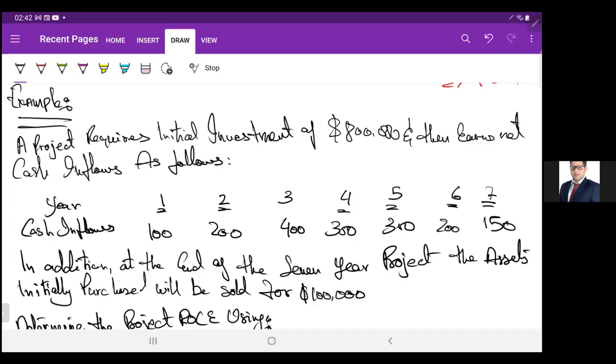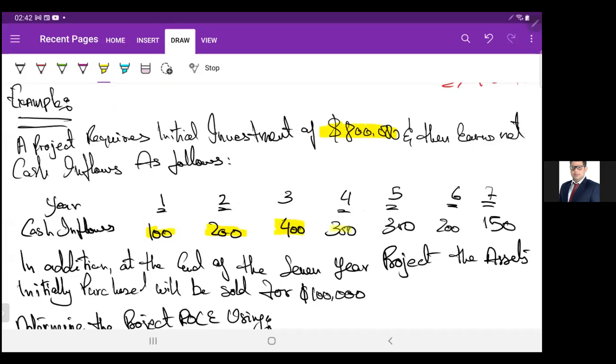Now here is another example related to ROCE. A project requires an initial investment of $800,000 and then earns net cash flows as follows. In year one, 100,000. In year two, 200,000, and in year three, 400,000.